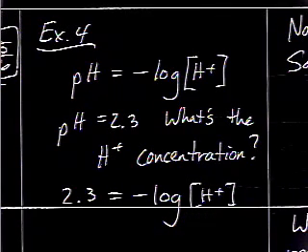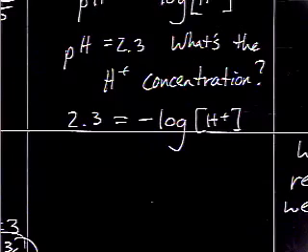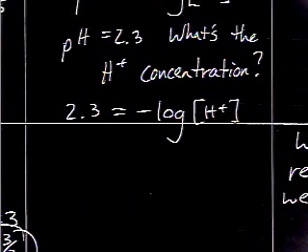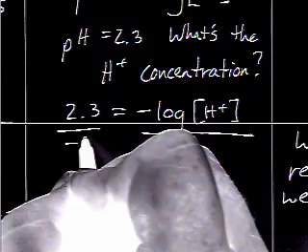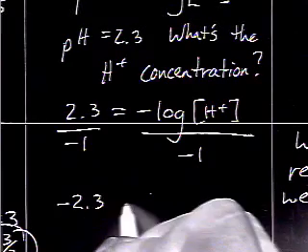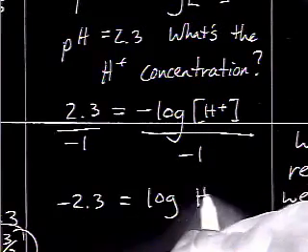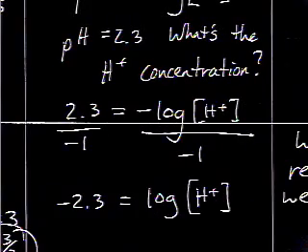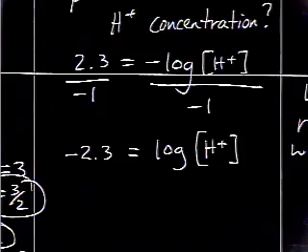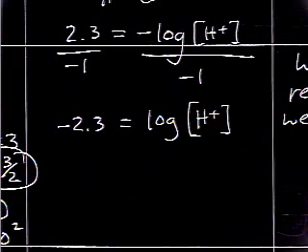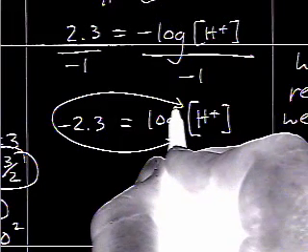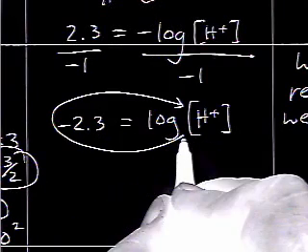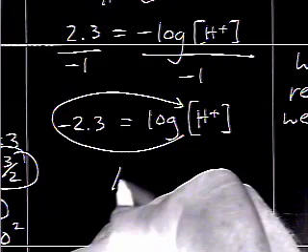Now, before you can change it from its log form to its exponential form, you need to get the logarithm by itself. So the first thing I'm going to do is divide by -1, making this -2.3 equals log of the hydrogen ion concentration. Now, based on what I told you a few seconds ago, I don't see a base right here, so I know when I'm going to rewrite this that the base I'm starting with is 10.